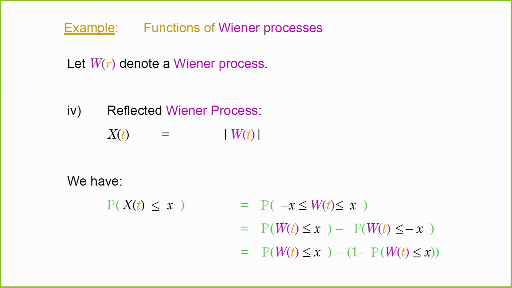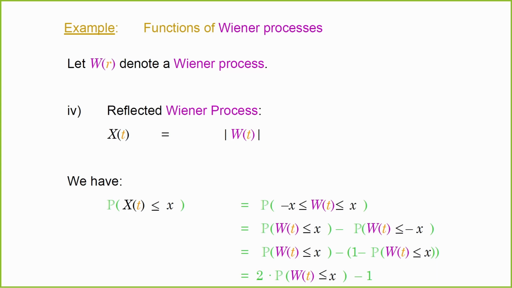And then since minus p of that is 2 times the probability of that, you're going to get 2 times the probability of that minus 1. This is going to be the cumulative distribution function of the reflective Wiener process. So this is going to be 2 times the cumulative distribution function of the Wiener process minus 1.